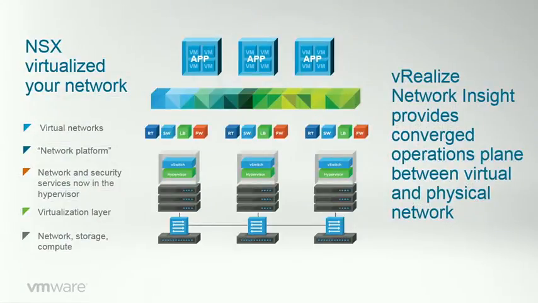And in order to get visibility, I'll just mention that we have a tool that we call vRealize Network Insight. vRealize Network Insight is a tool that can provide visibility into the virtual world, but also into the physical world. Because as we said, the physical network will not go away. The physical network needs to be there with high throughput, with low latency, with redundancy, and with 0 downtime, if possible. But the logical network we create in software.